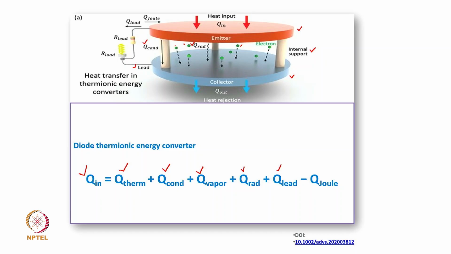Now, another thing is whatever connecting wires etc. are there in the circuit or in the entire thermionic converter device, there is always a possibility of heat loss. Joule heating we cannot avoid. As soon as a current flows, there is Joule heating. So, this is a negative contribution.